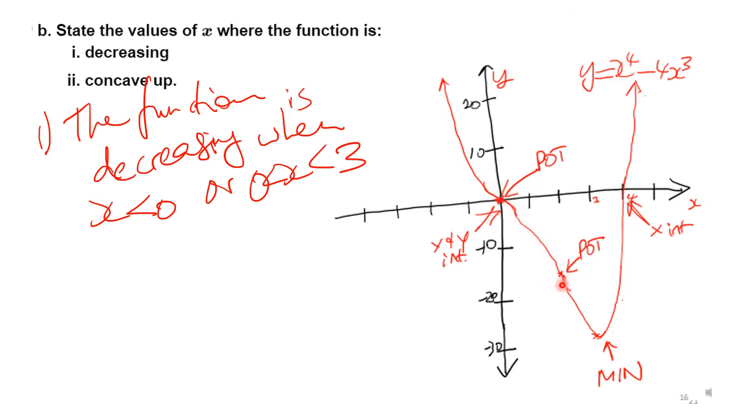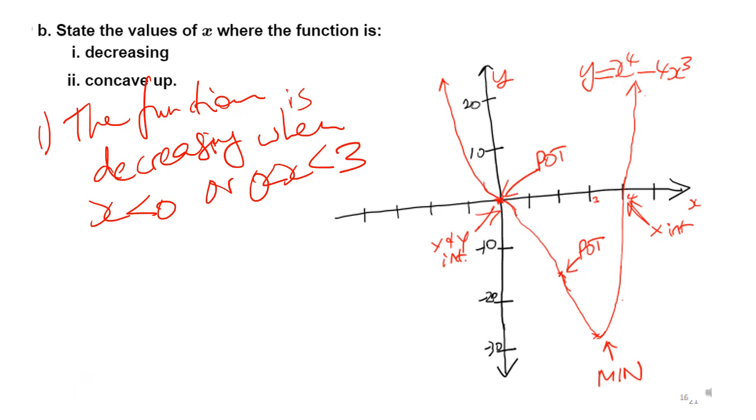But between here and keeps going is also concave up. There are no more points of inflection. Remember, the concavity only changes at points of inflection. This bit, concave up. This is a point of inflection, so it becomes concaving down. This is another point of inflection, concaving up. There are no more points of inflection after that. So this is all concave up.